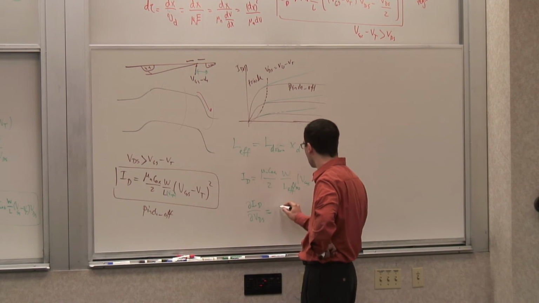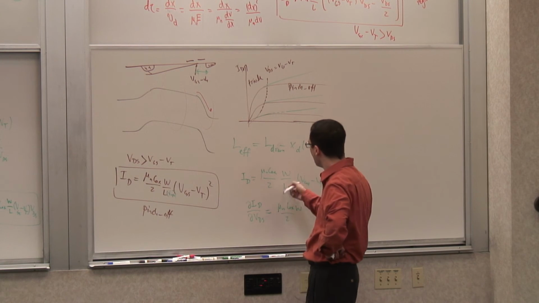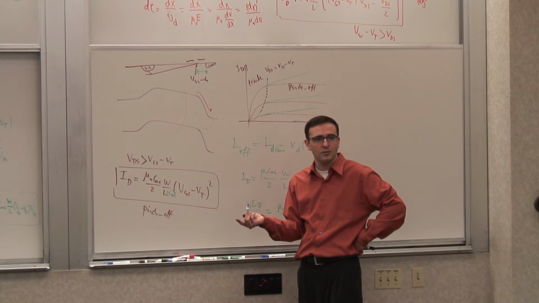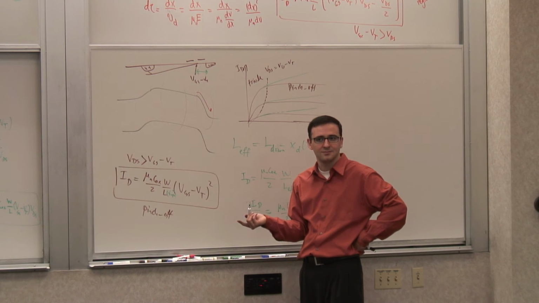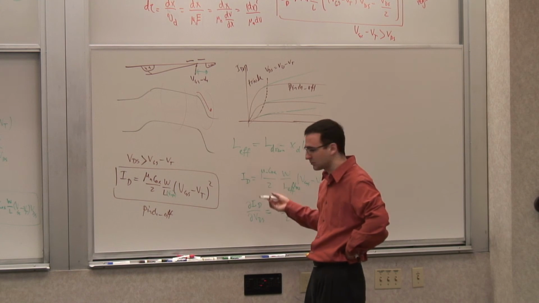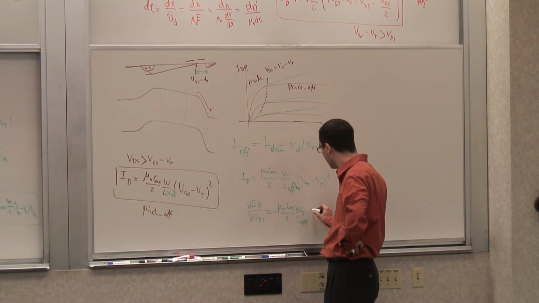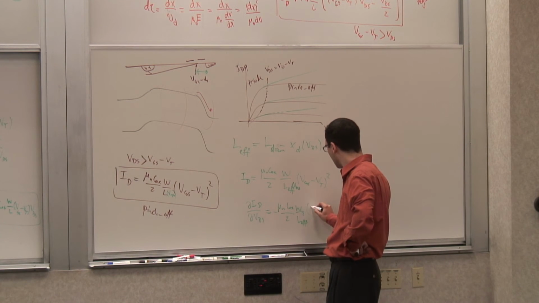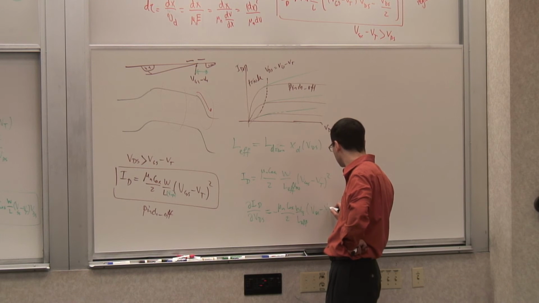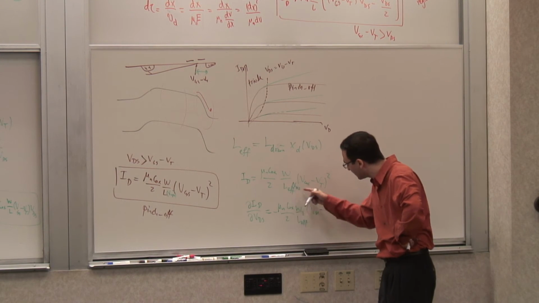We differentiate, and all these constant terms are out, W. So what is the derivative of 1 over x? Minus 1 over x squared, right? x to the minus 1 is minus x to the minus 2. So it's L effective squared, and then the derivative of L effective. VGS minus VT doesn't depend on VDS, and then I have to calculate the derivative of L effective with respect to VDS.